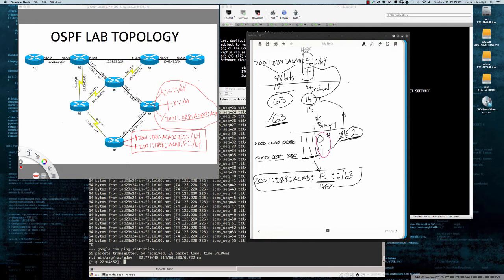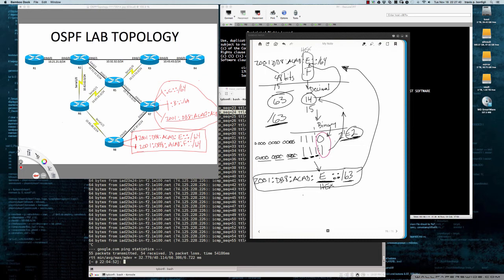So our summary route would be 2001:db8:ACAD:E as in echo:/63, and we know that this represents two networks specifically and only those two networks right there. And so this would be a very accurate IPv6 summary route.